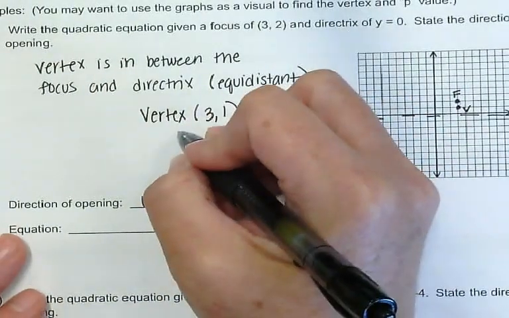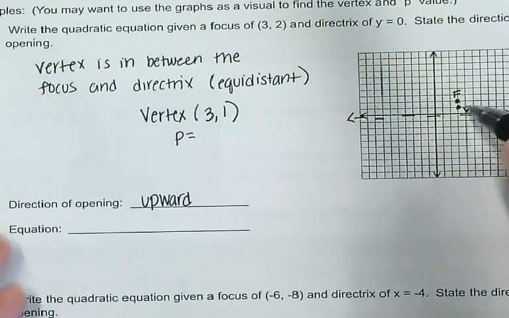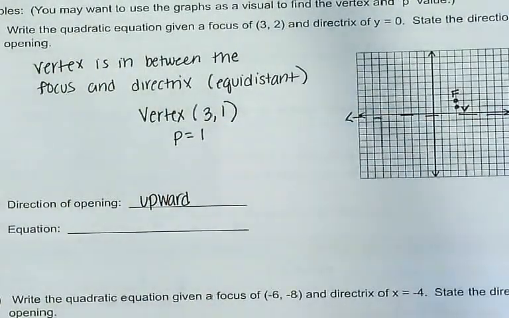Now, your value for P is the distance between the vertex and the focus, or the vertex and the directrix, which is just 1.